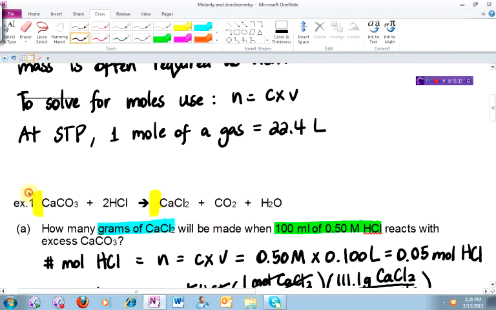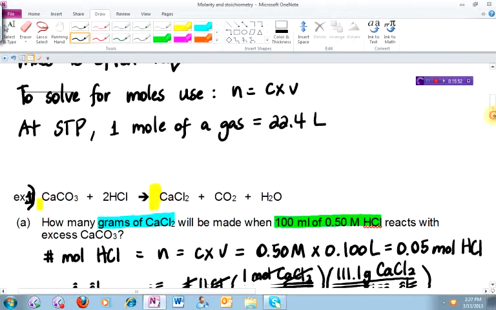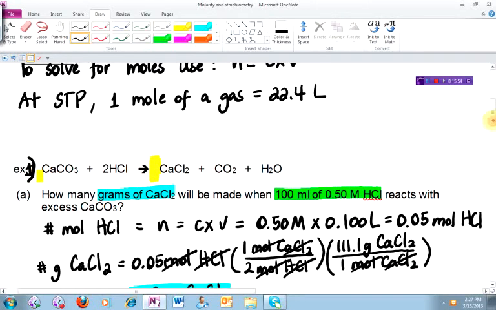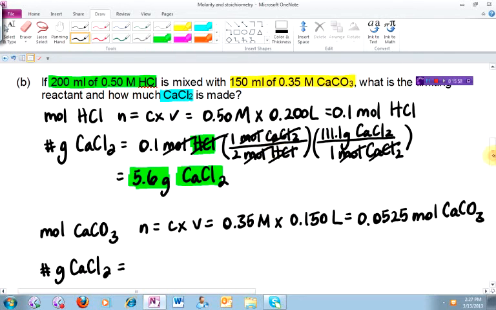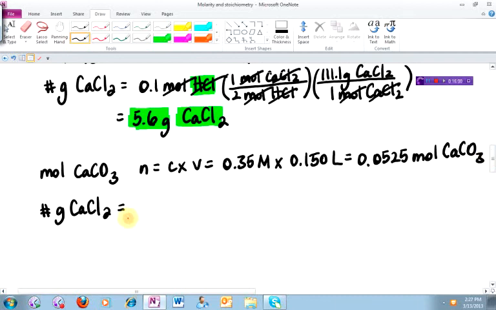This is example number 1. Sorry if that was confusing. There wasn't a coefficient in front, so there's a 1-to-1 mole ratio. So it's a little different. We're not using this conversion factor, we're using 1-to-1.